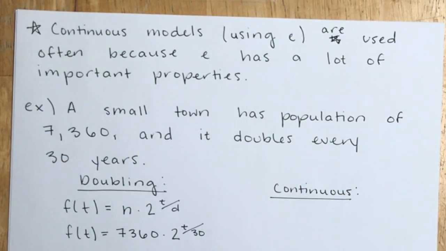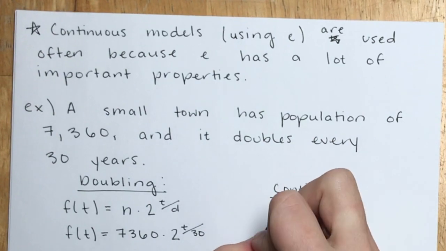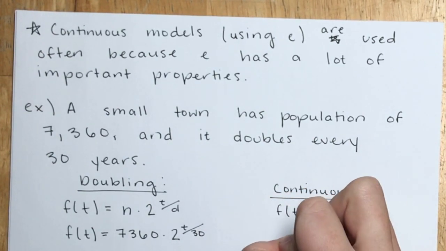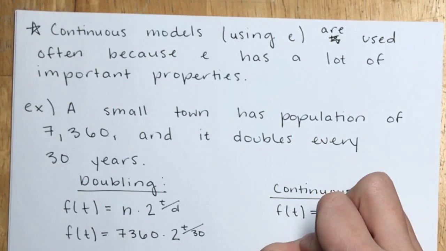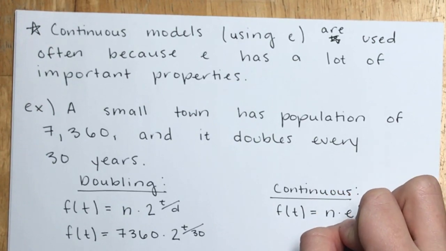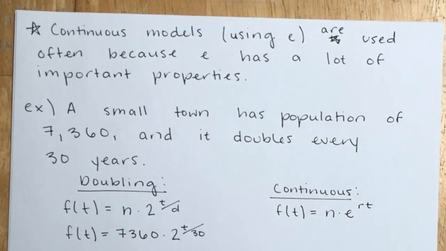Our continuous formula, so that guy is this one, e to the rt. I'm going to use n here instead of p, just so that it matches up more with this one. We know that n, again, is 7,360, but we don't know what r is. However, we know that in 30 years, this is going to be double what we started with.